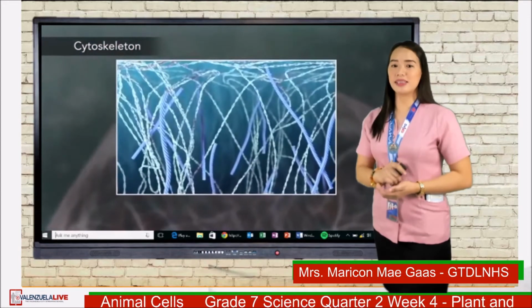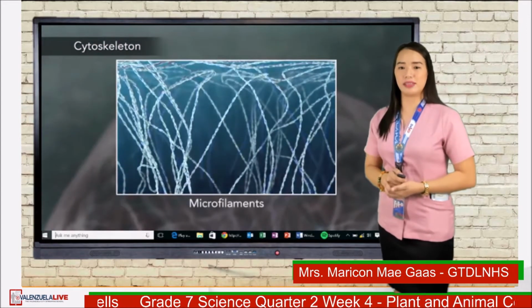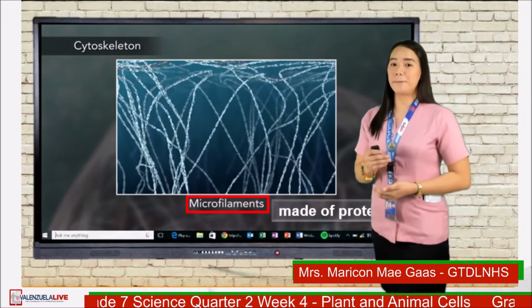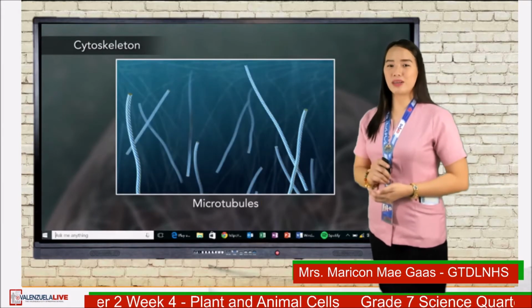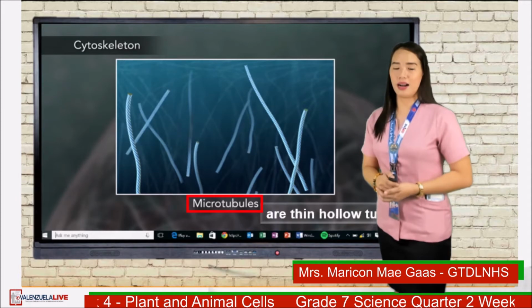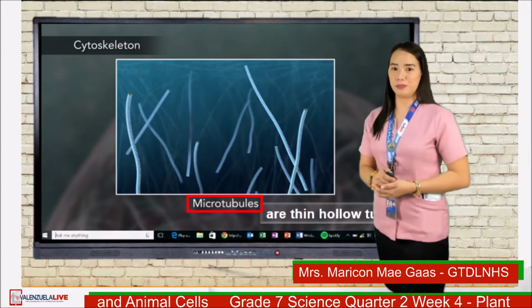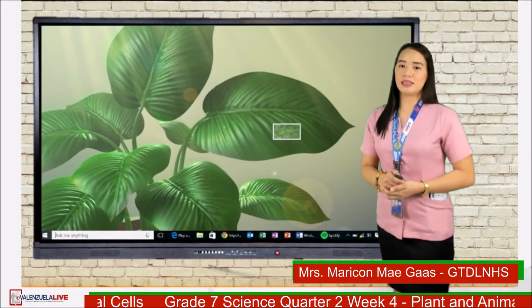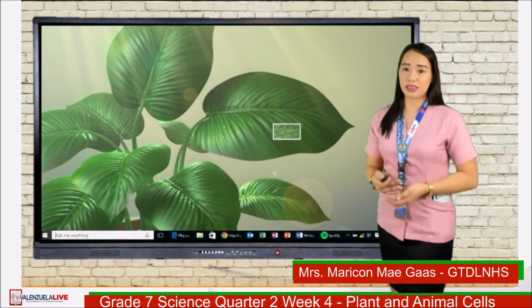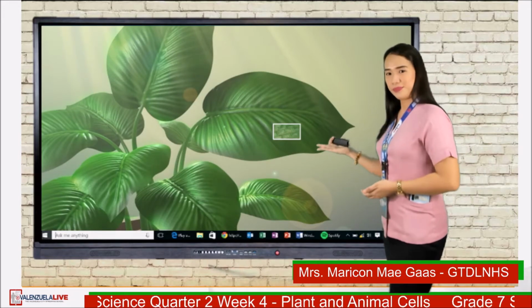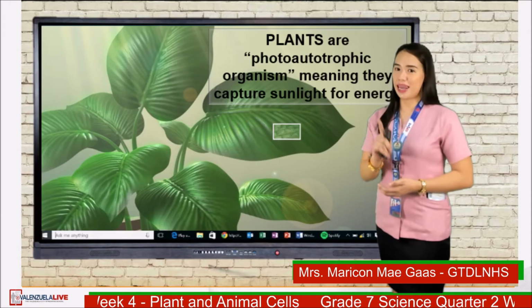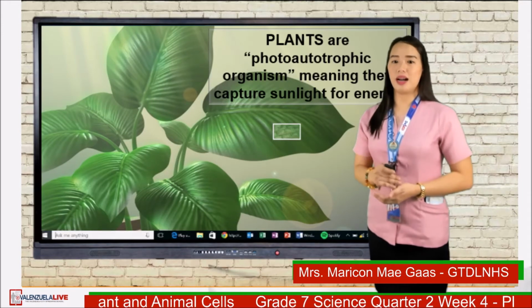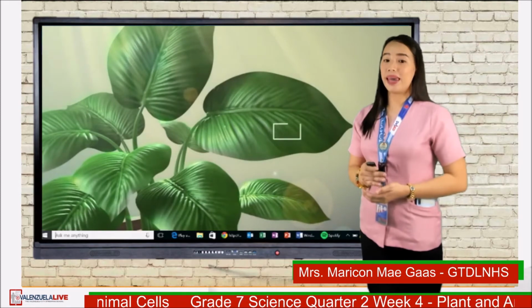It contains the thread-like microfilaments, which are made of proteins, and microtubules, which are thin hollow tubes. Some organisms, such as plants, are photoautotrophic, meaning they capture energy from sunlight.